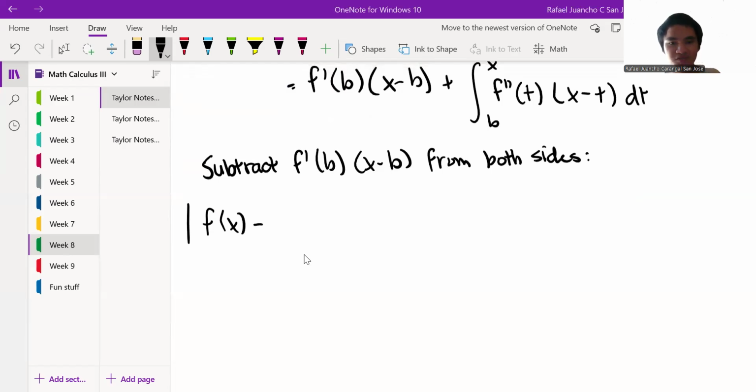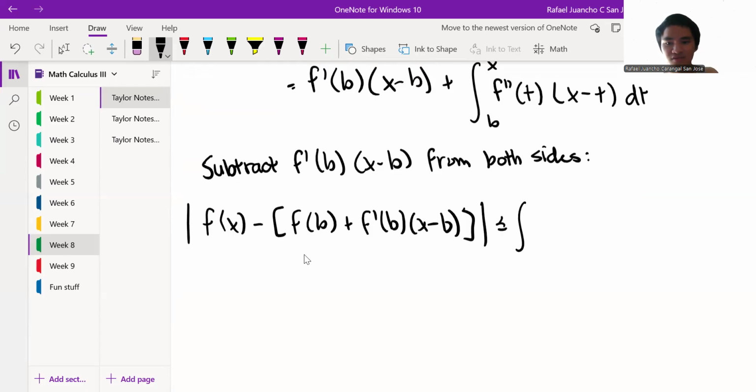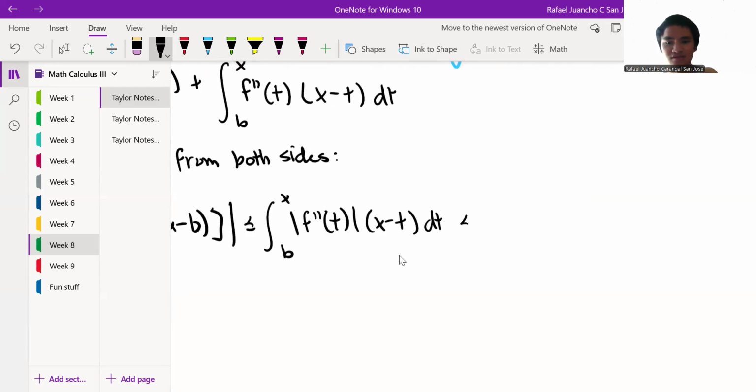My tangent line approximation, f of b plus f prime of b times x minus b, done, is less than or equal to my integral from b to x of the absolute value of my double derivative times x minus t dt, and then it's less than another integral here, right?